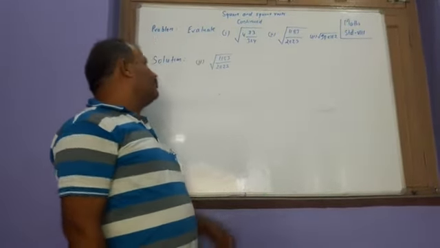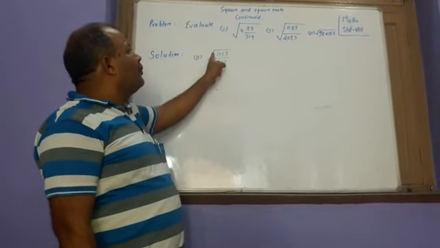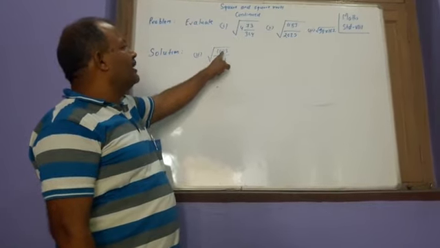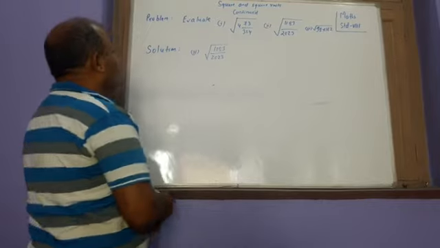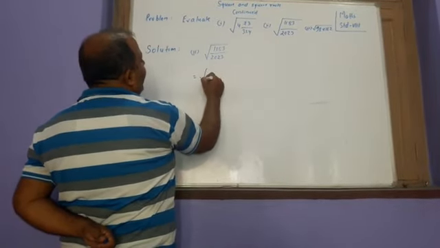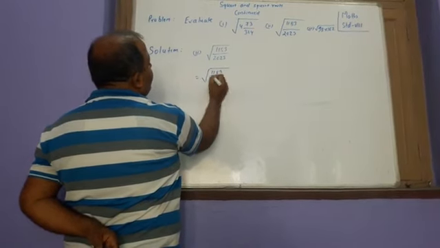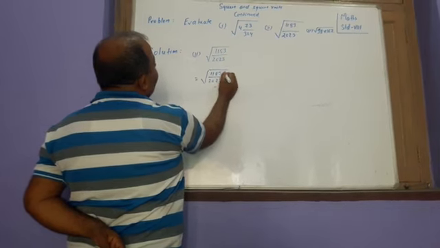Now the second problem is we have to find the square root of the proper fraction 1183 by 2023. When we find the HCF of these two numbers, we find 7. Then numerator and denominator both will be divided by 7.